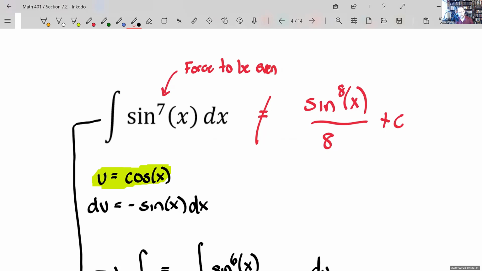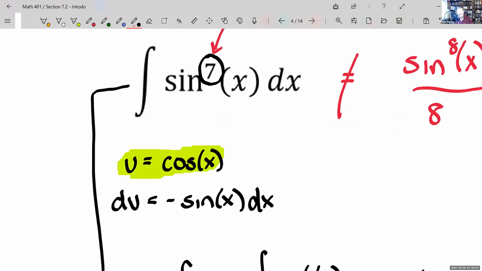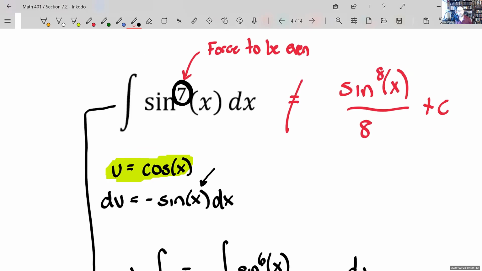My advice was to force this power to be even, and the way you do that is with an odd substitution. You let u equal something that's not even there, and the reason why is because its derivative will steal away a single power off of that sine. That was the ultimate goal there, to remove a power so you get down to even powers. I mentioned off to the right hand side here because I see this every semester.